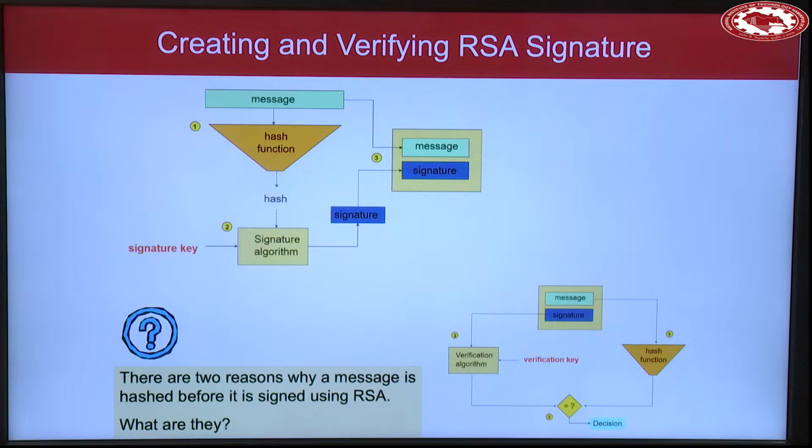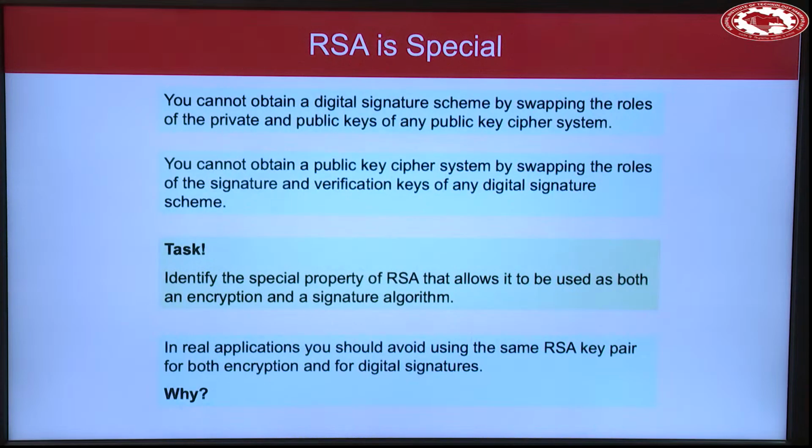If you are using SHA-1, it's 160 bits, and so on. So it reduces the signature size. You need to sign a smaller number of bits. If the message is 1000 bits, your signature will still be 160. Those are the reasons why we sign the hash, not the message.